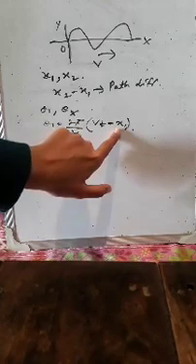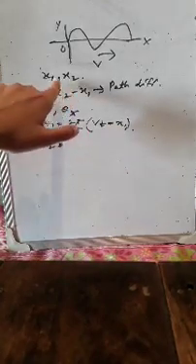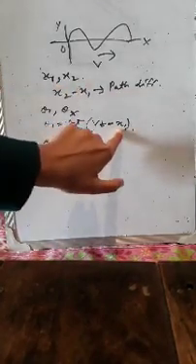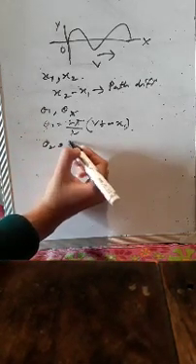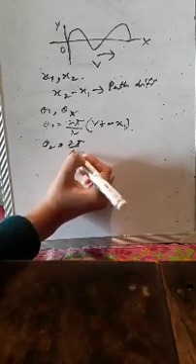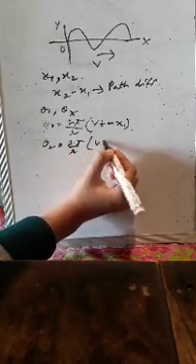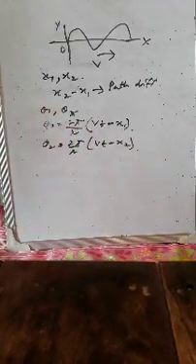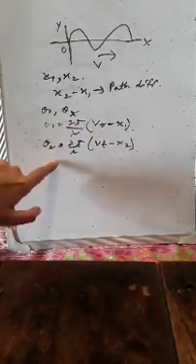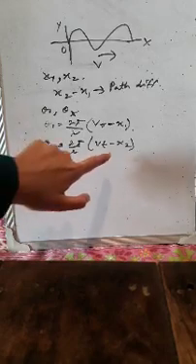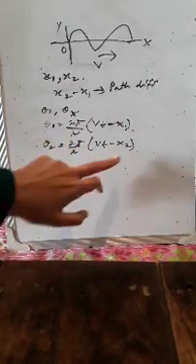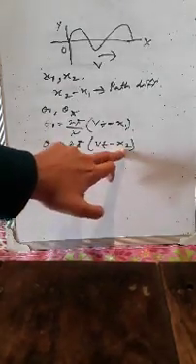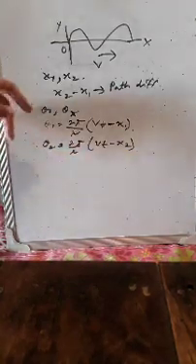Previously we wrote x, but since we are considering x1 and x2, we write x1 here. Similarly, theta 2 can be written as 2 pi by lambda times (Vt minus x2). Just put x2 in the place of x that we studied in previous classes.